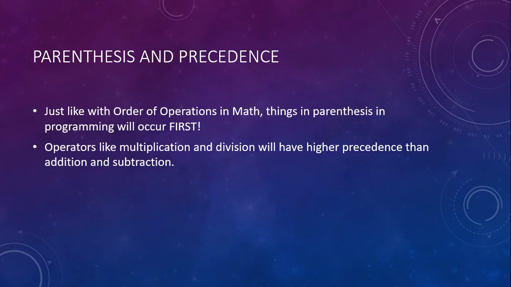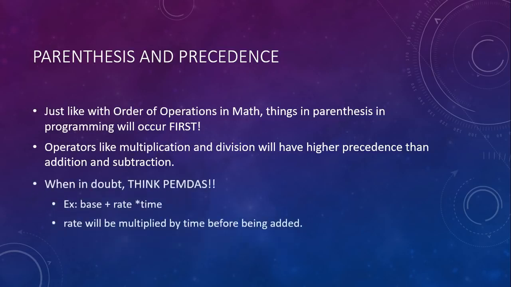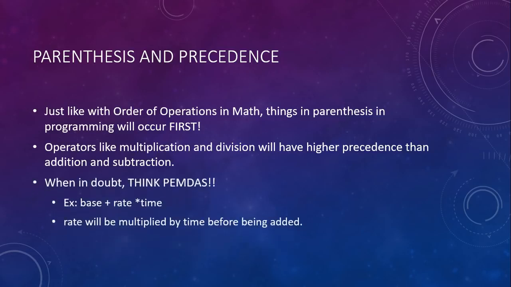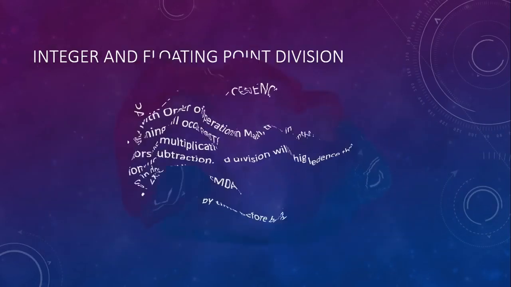After that, it's just like we know in math, we follow left to right in order. So when in doubt, think back to your PEMDAS. Please excuse my dear Aunt Sally. A quick example here: base plus rate times time. Rate will be multiplied by time before being added to the base. So again, multiplication occurs first.